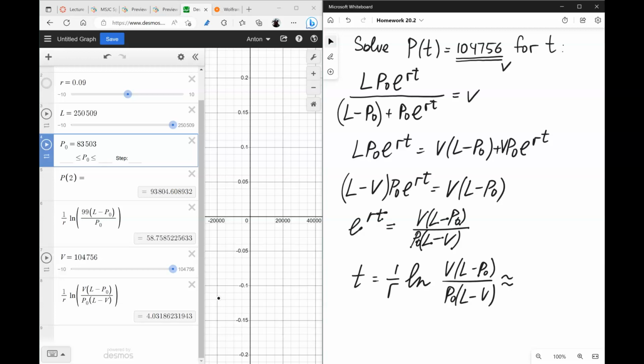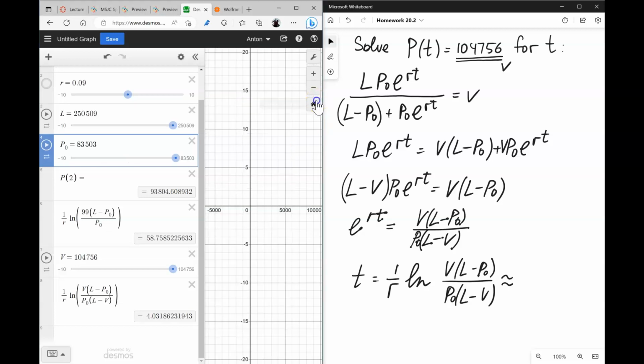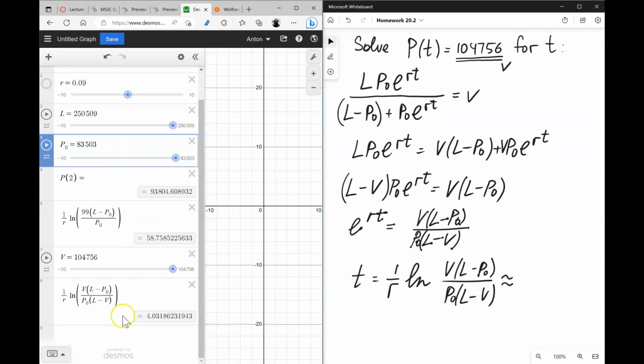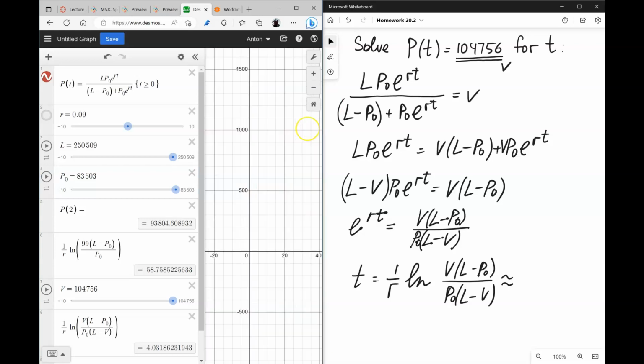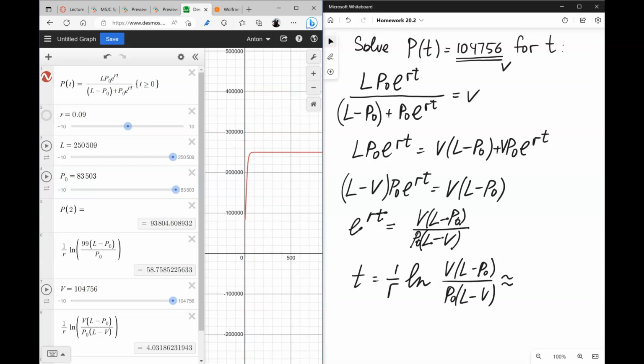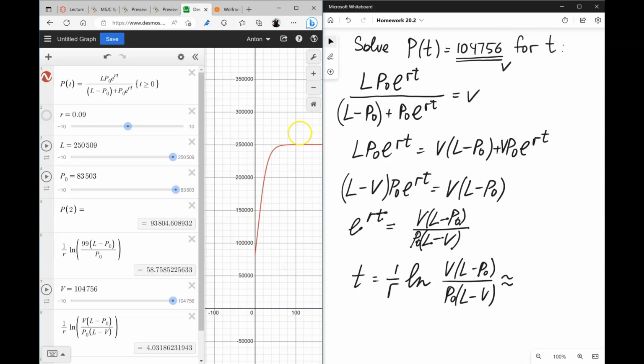Oh my god, why? I said I don't know the way to solve it fast. I do know the way to solve it fast. The graph of P of t is this, right?